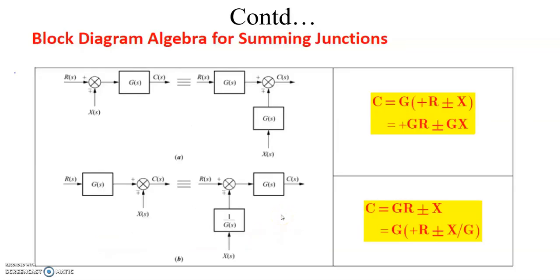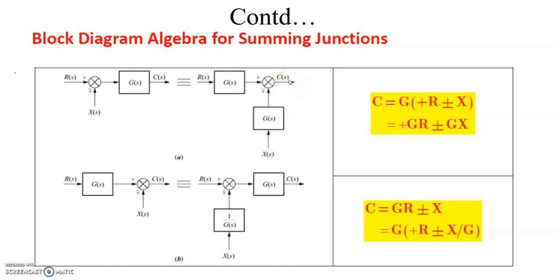Next one is the block diagram algebra for summing junction. For example, the first one is taking the summing junction after a block G of S. How will you change it to the equivalent one? You can add the corresponding summing value, and you put 1 G of S. So what is C of S here?